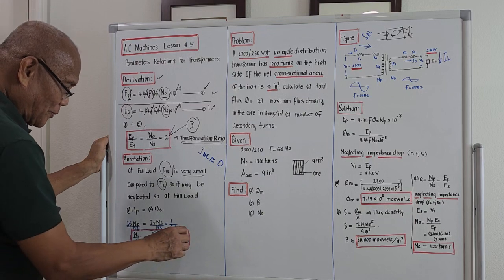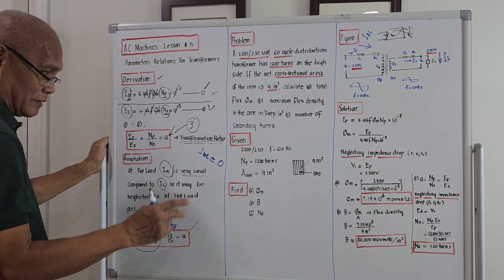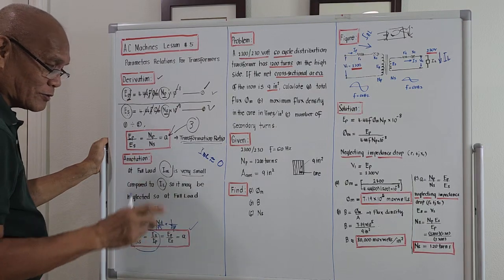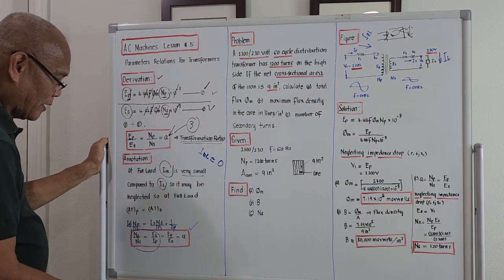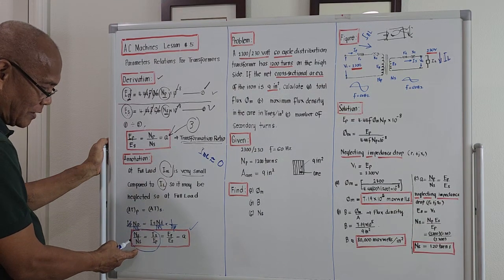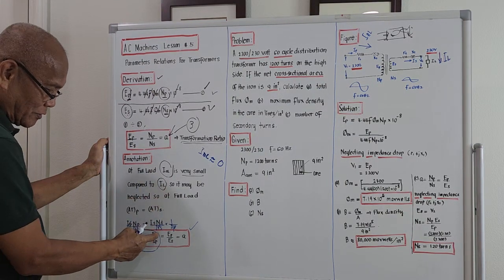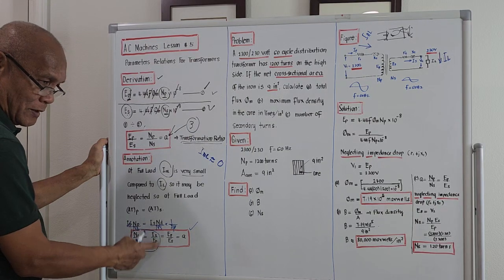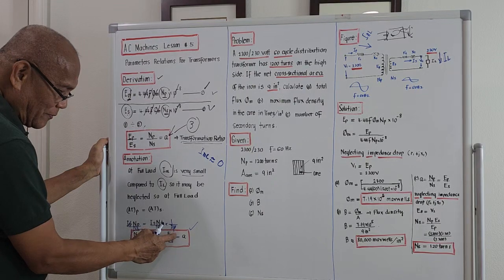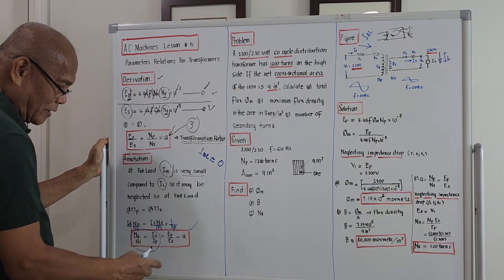Under the definition of ratio transformation, there are now three equations on how to compute the ratio transformation under the study of transformer. First one, it will be the ratio of the primary turns over the secondary. It will be the ratio of the secondary current over the primary. It will be the ratio of the induced voltage on the primary all over the secondary.